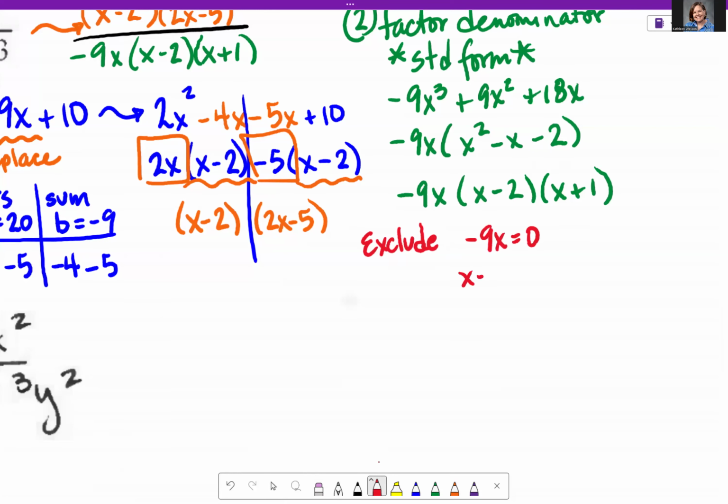Also, x minus 2 equals 0 should be excluded, and x plus 1 equals 0. When I solve these three simple equations, I find that negative 9x equals 0 when x is equal to 0. And x minus 2 equals 0 is true when x is 2. And x plus 1 is equal to 0 is true when x equals negative 1. So these are my three excluded values.